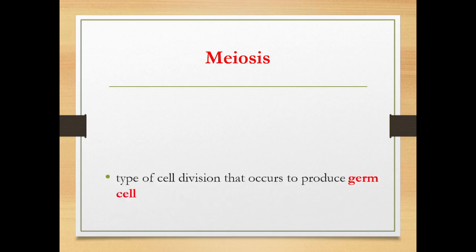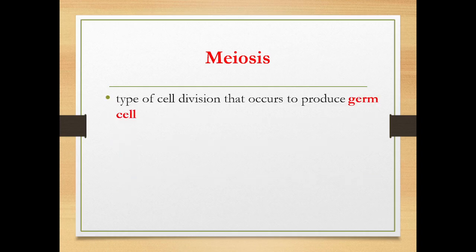So when you talk of meiosis, this is a type of cell division that normally occurs to produce the germ cells, just like I explained in the previous class. When you talk of the germ cells, we are simply talking about the sex cells, which are the egg cell, also known as the oocyte, and the sperm cell.